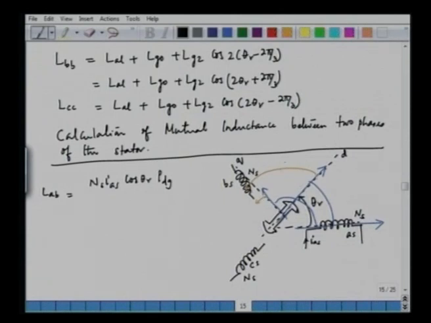So, this angle is 120 minus theta, all right. So, so far as the cos is concerned, cos of minus theta and cos of plus theta are the same.